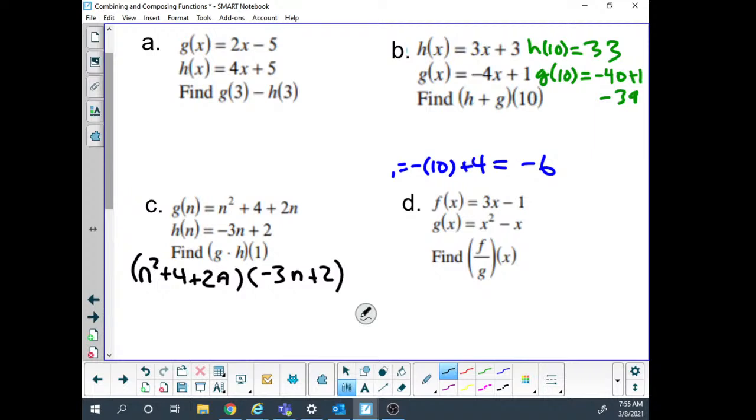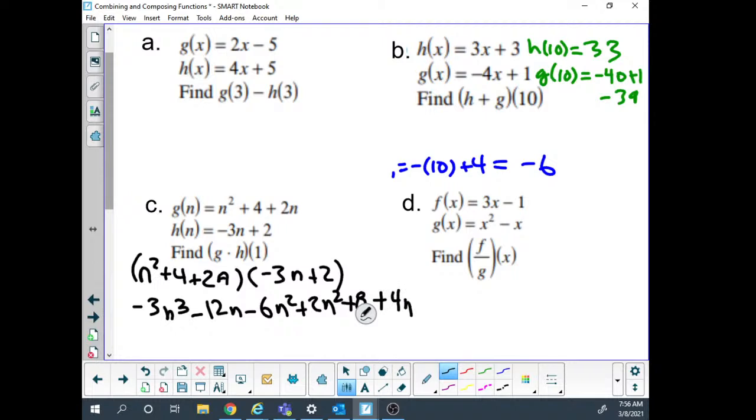Whatever you did. Okay, so I got negative 3n cubed minus 12n minus 6n squared plus 2n squared plus 8 plus 4n. But I might have done it wrong.